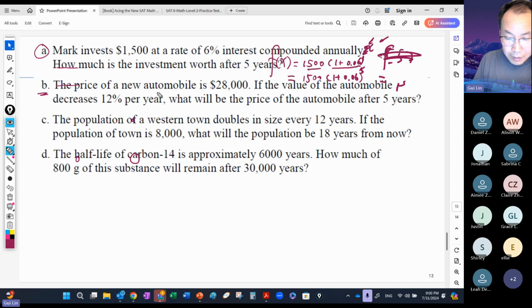Question B: the price of a new automobile is 28,000, and the value of the automobile decreases 12%. So it's decaying. How much is left? 88%, right? So each year it's just 88% of the previous year. What will the price of the automobile be after 5 years? So decrease 12% means you still have 88%, so it's 1 minus 0.12, to the power x, with 28,000 initially.